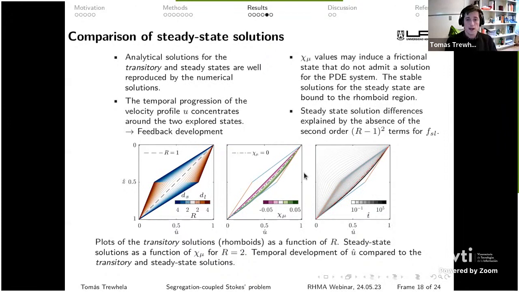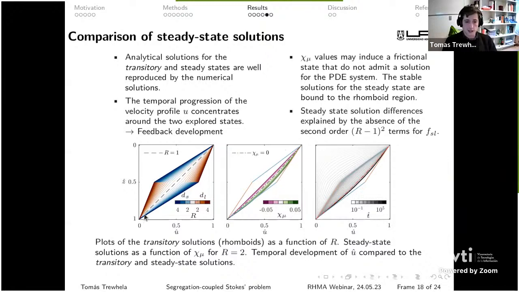Okay. So this steady state solution is not perfect, of course. It neglects the second order terms for the size ratio. That explains the slight difference. But at least I think I'm doing a good job capturing the behavior of the numerical solutions with the analytical solutions.